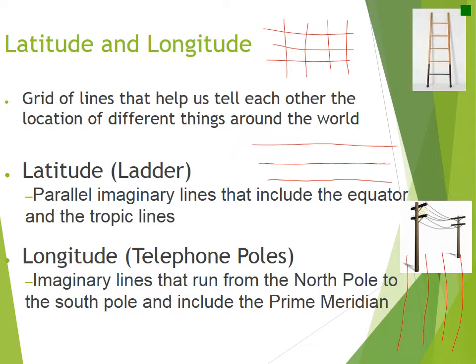Okay, the longitude lines are, the one special one is the prime meridian. Okay, and the prime meridian is 0 degrees, and you measure the number in distance away from the prime meridian.